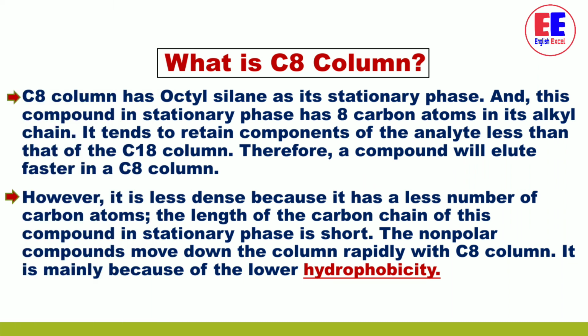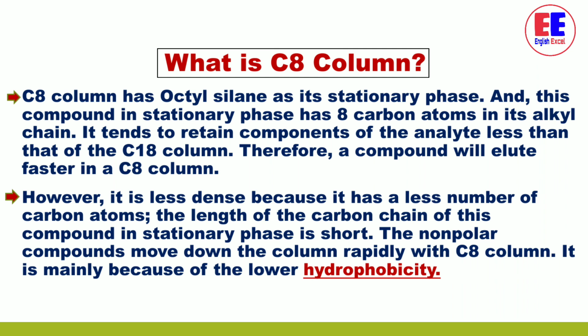First of all, we should know what is C8 column. C8 column has octyl silane as its stationary phase, and this compound in the stationary phase has 8 carbon atoms in its alkyl chain. It tends to retain components of the analyte less than that of C18 column.